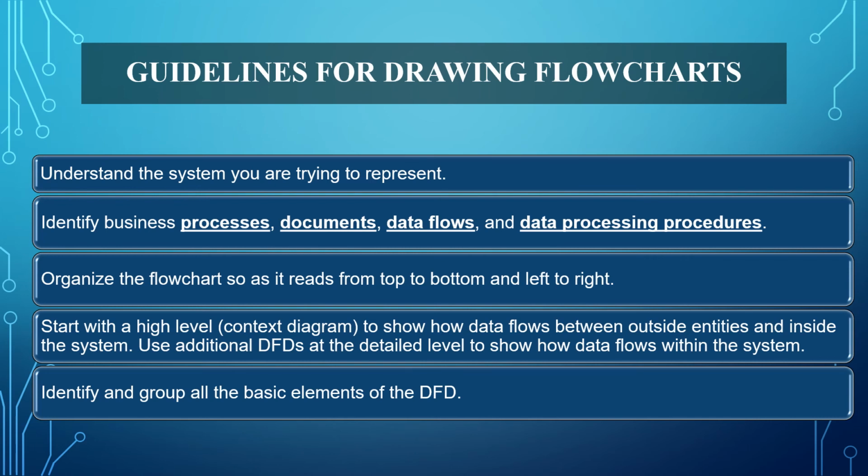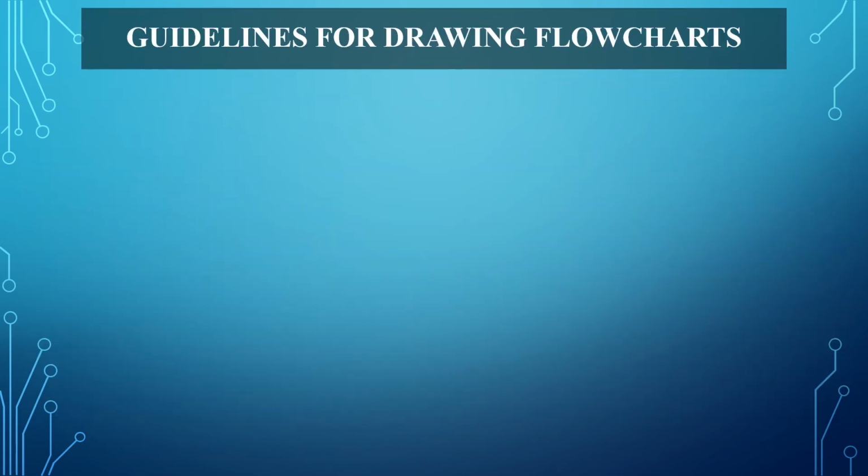Then identify and group all basic elements for the DFD. You can group them based on departments or based on their relation, in order not to have too much connectivity and too-long arrows. So it is better to group them based on the departments and functionality.